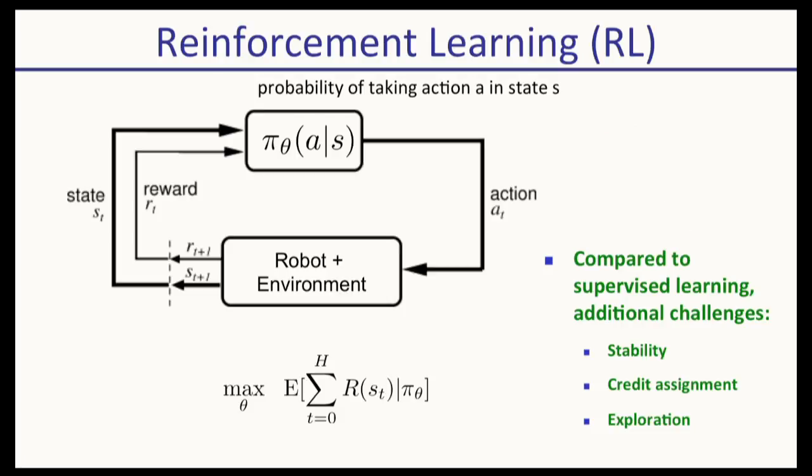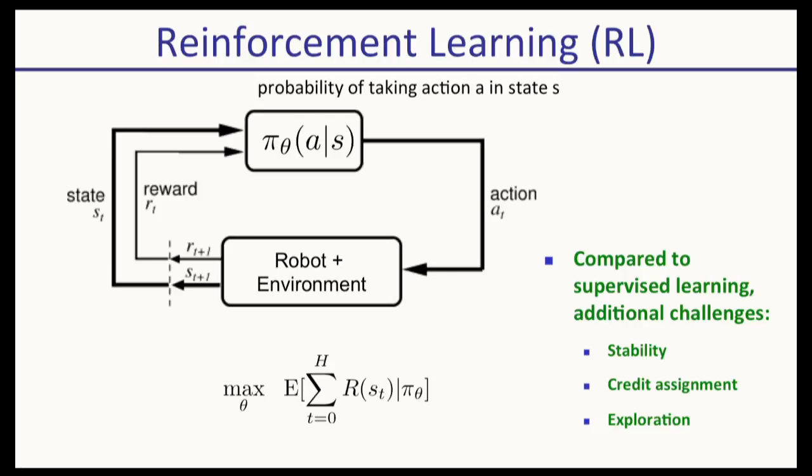Challenges people have encountered compared to supervised learning are that once you have a feedback loop, you can have stability problems. Let's say you have an okayish policy, and you make an okay decision, then at the next time you'll be in a not so great situation where your policy might have even more trouble making the right decision and things will destabilize. Another big challenge is credit assignment.